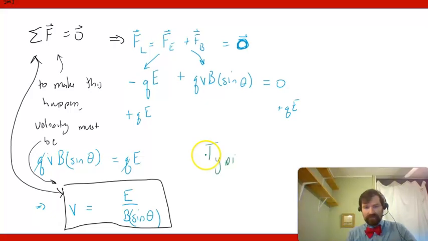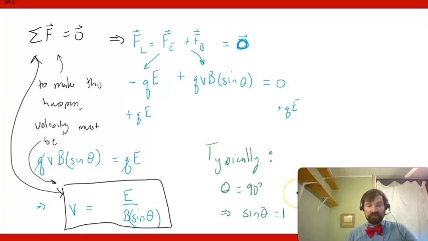Typically, by the way, the value of theta is 90 degrees, and therefore sine of theta is 1. And so typically we just have V is E over B. Let's work a quick example.